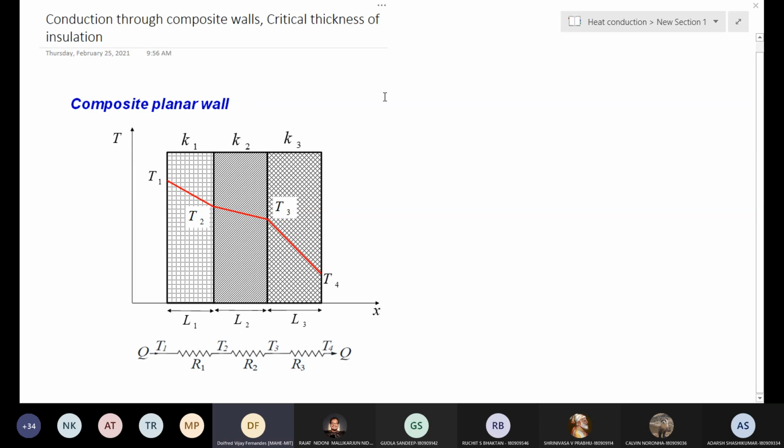What may be the main purpose of going for multi-layer? You can use a single layer of insulation with very low thermal conductivity, right? That raises the question of why you need to go for multi-layer.